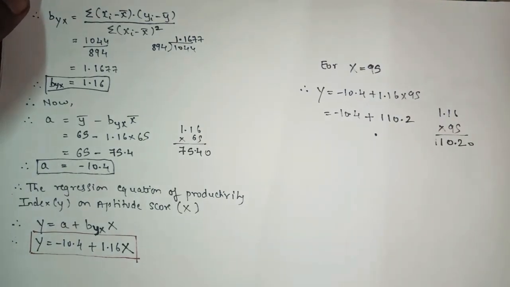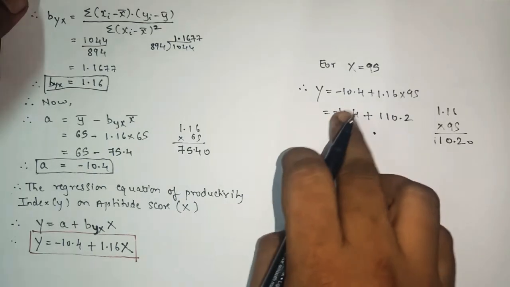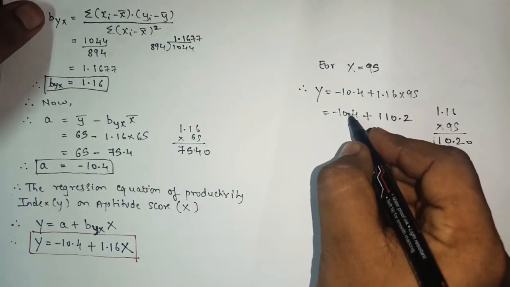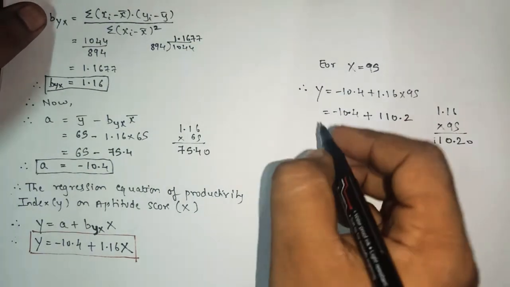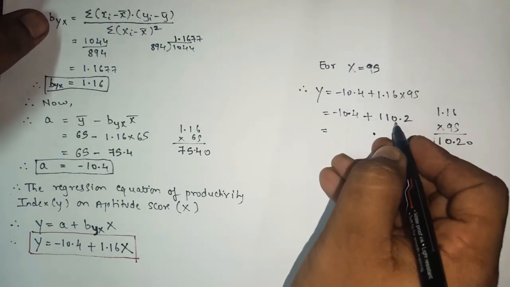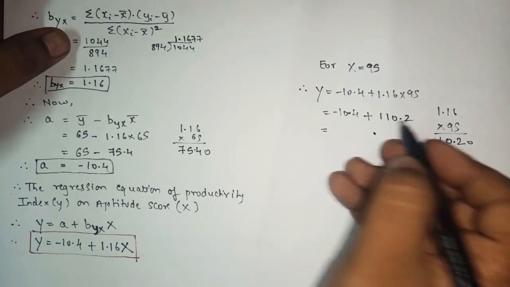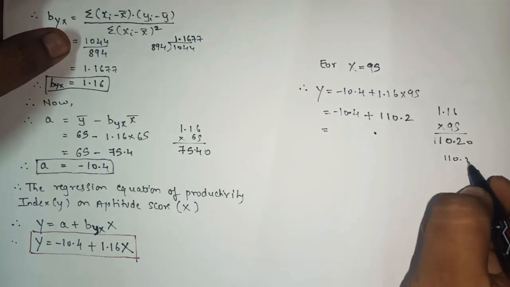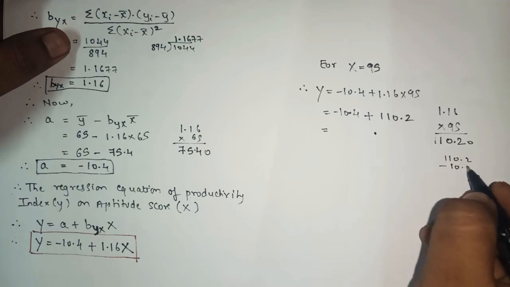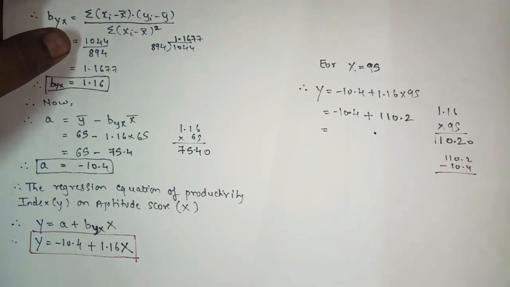Okay. After that, minus 10.4 plus 110.2. So when you will solve this part, minus plus is minus. So 110 minus 10.4. When you will subtract this, the answer will be what?